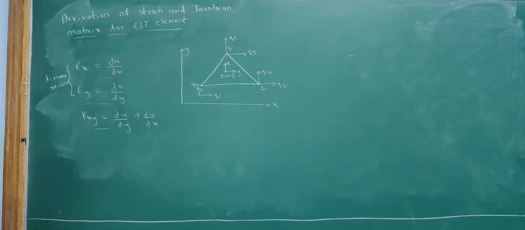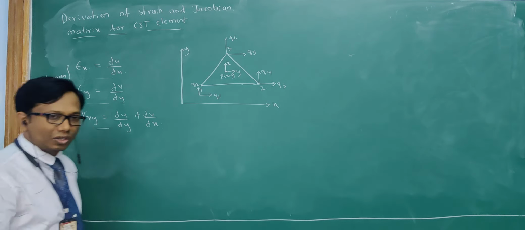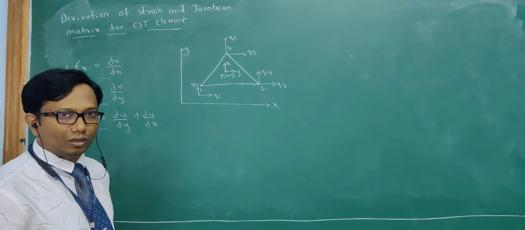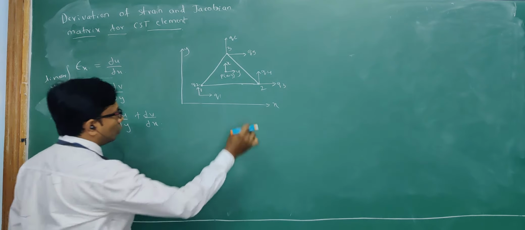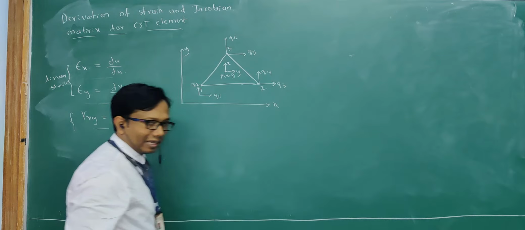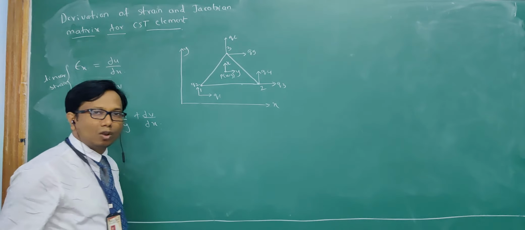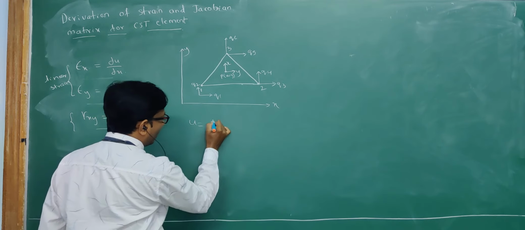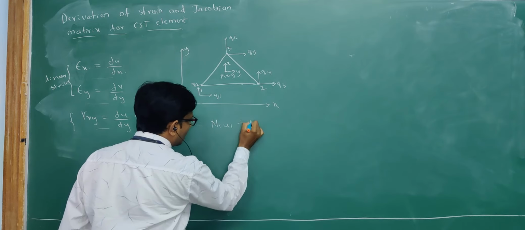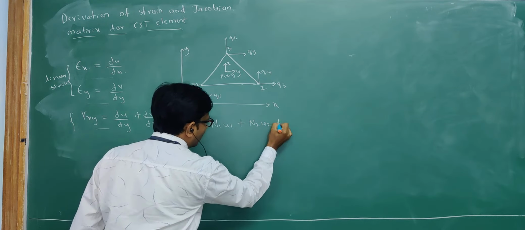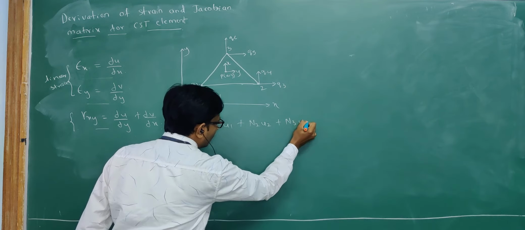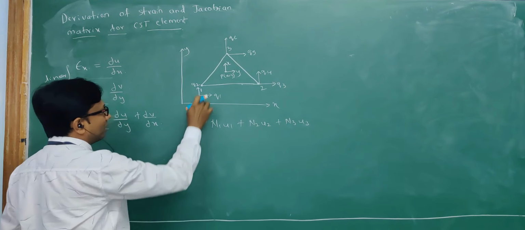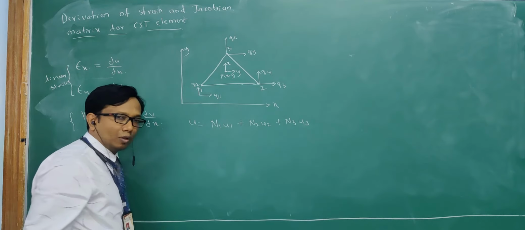In order to find this, I'll simply write the shape function equation in terms of displacement. You know that u is the displacement along the x axis, v is the displacement along the y axis. If I want to write u, I'll write N1 u1 plus N2 u2 plus N3 u3. These are the three displacements: at node 1, node 2 and node 3, the displacement along the x axis.